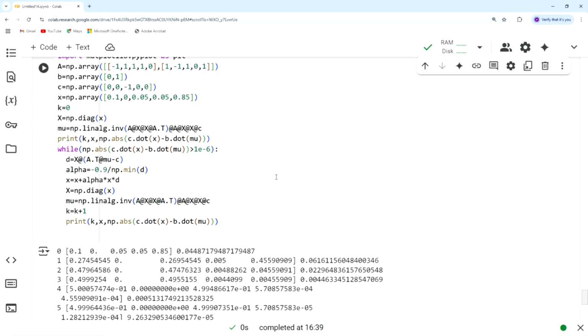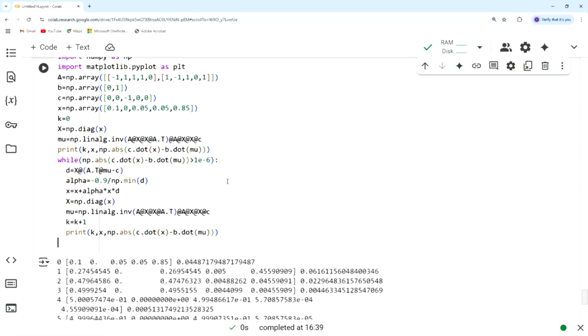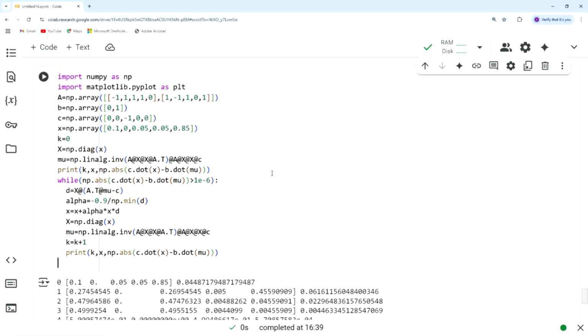The first part that I have to do is to plot the feasible set. The feasible set consists of the x1 equal to x2 line, and the other line is x1 plus x2 equal to 1. I will plot those two.